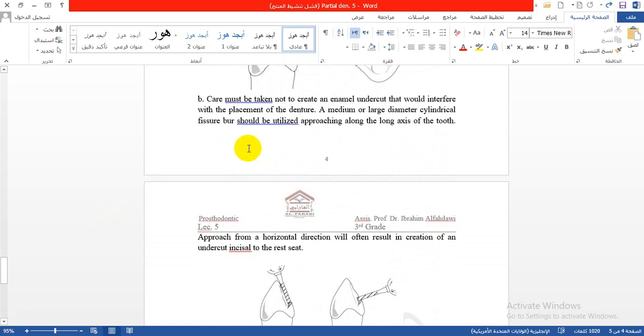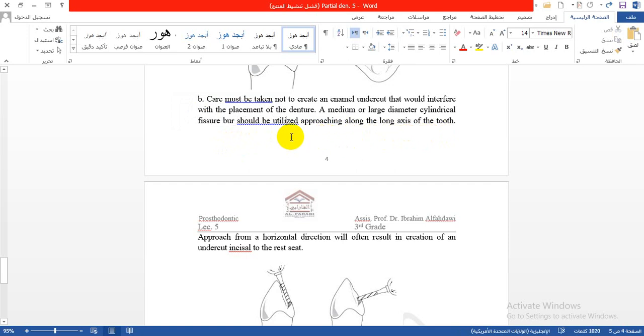Care must be taken not to create an enamel undercut that would interfere with the placement of the denture. A medium or a large diameter cylindrical fissure bur should be utilized approaching along the long axis of the tooth.